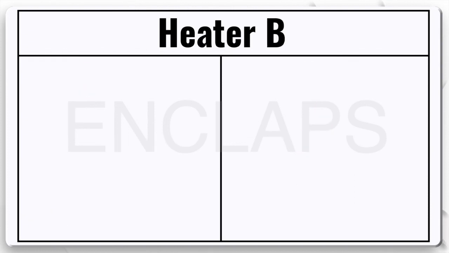Now let's solve the heater B. Make sure that all the units are in standards. Again, the 5 minutes should be converted to seconds, which comes out to be time is equal to 300 seconds.